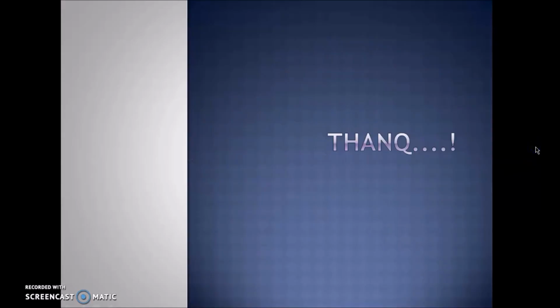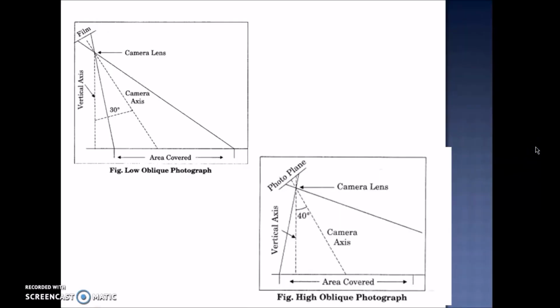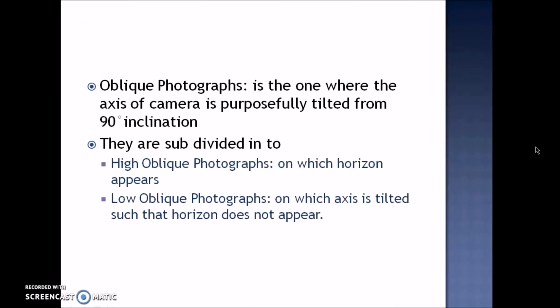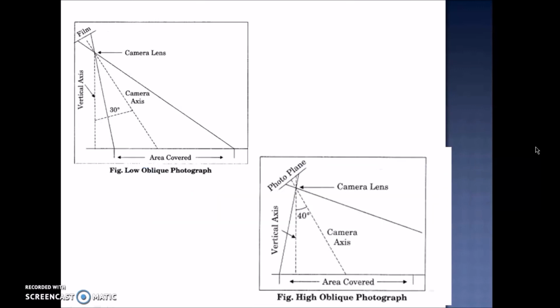Up to here we have discussed what photogrammetry is and why we have to use it, the uses, and the different types of photogrammetry: aerial, space, terrestrial and close range, and their definitions. Clearly, our topic is aerial photogrammetry.